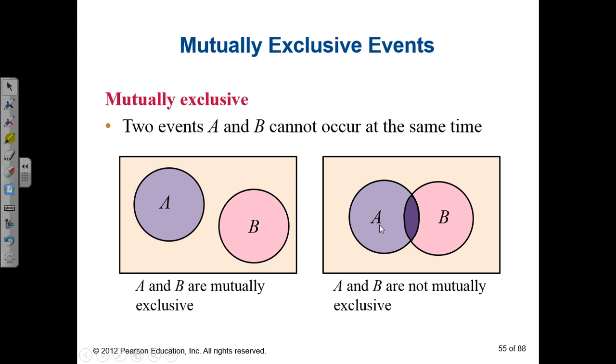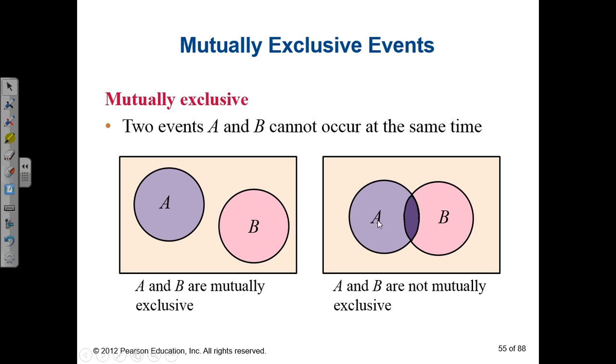Now suppose this diagram here, known as a Venn diagram, has its entire sample space include the event of going into Dunkin' Donuts. The event A is you buy coffee, and event B is you buy donuts. Now it is possible to go in there and buy both coffee and donuts.